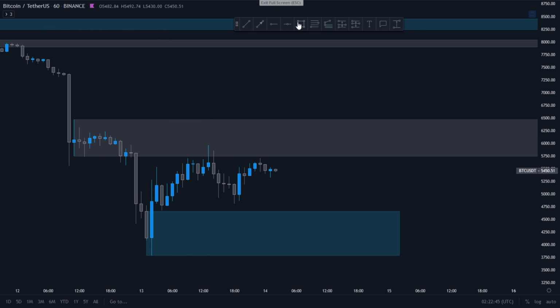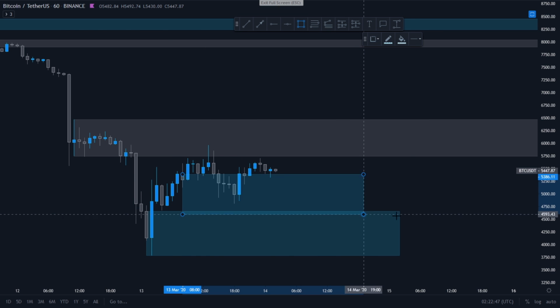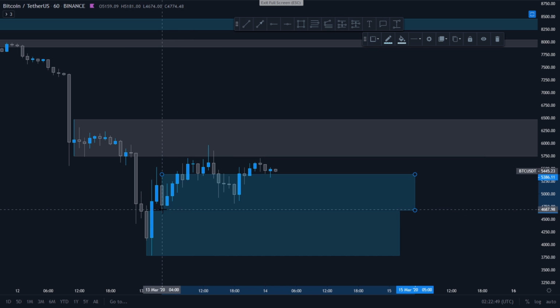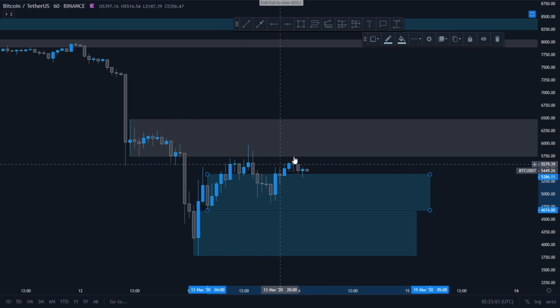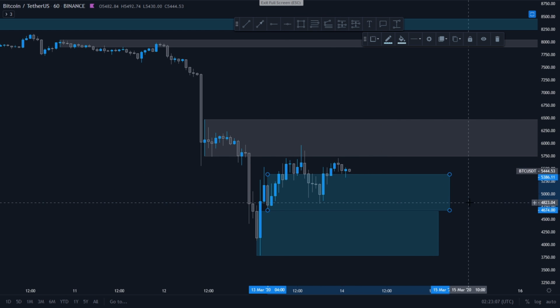You have a demand zone here as well now, because rally, base, rally, so the last down candle and the lowest point here. The price is now currently in this demand zone, but of course here is the supply zone, so it is ranging in between them.